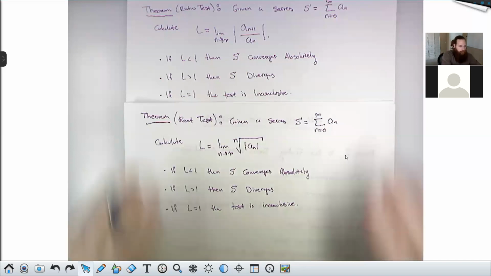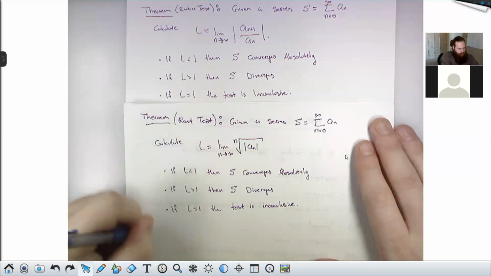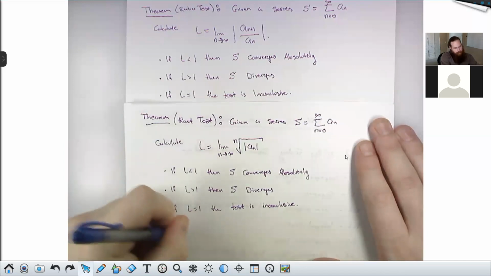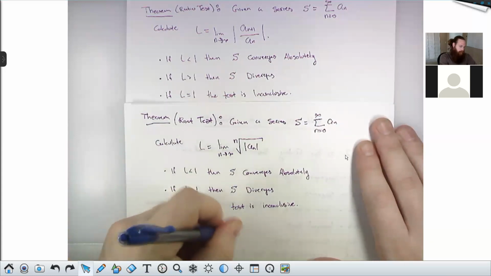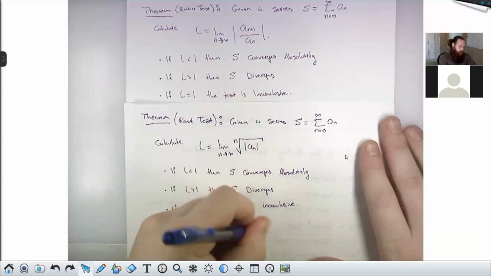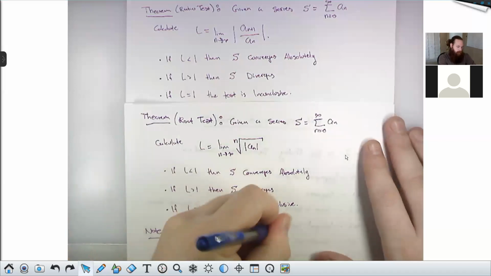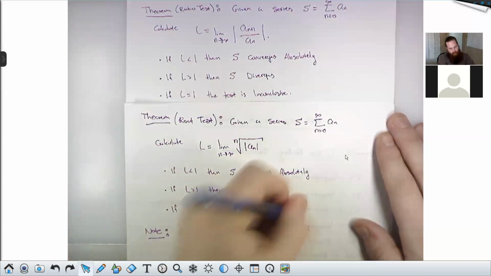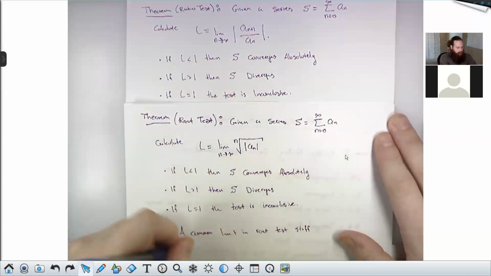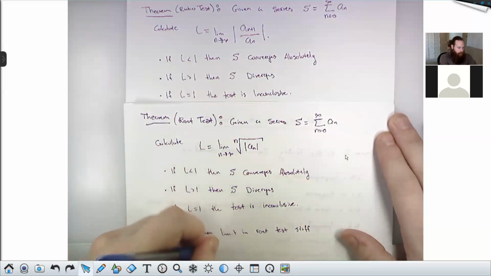I want to make a note. A common limit in root test stuff is the limit as n goes to infinity of the nth root of n.